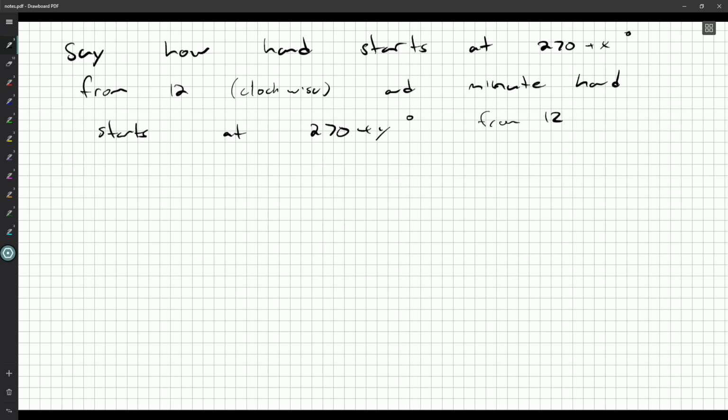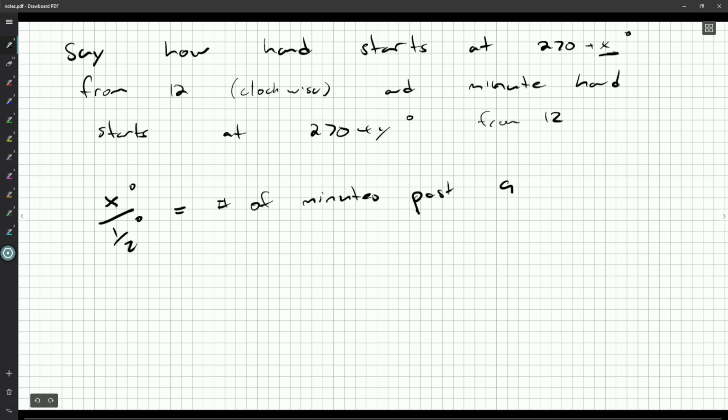Okay, but these two things would have to be linked. If you know your x degrees from the nearest hour, x degrees divided by a half degree equals a number of minutes past 9, whereas 270 plus y degrees over 6 degrees is the number of minutes past 9.